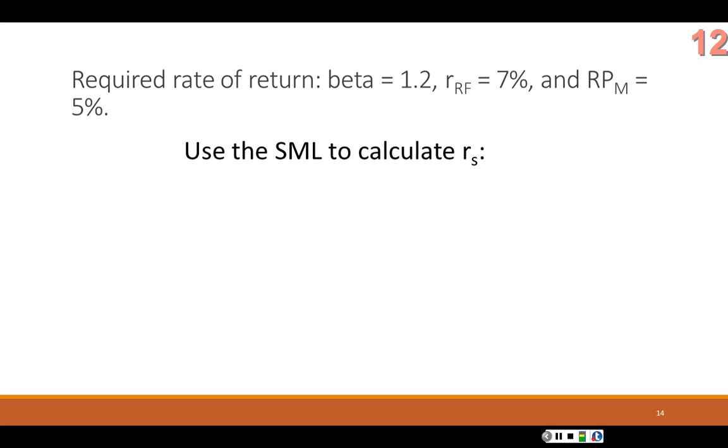So in the last example, I just simply gave you the required return. But we used the security market line in the previous chapter to determine required returns. So we can do that right now. Remember, required return is equal to the risk-free rate plus beta times the market risk premium, which is the market return minus the risk-free rate.